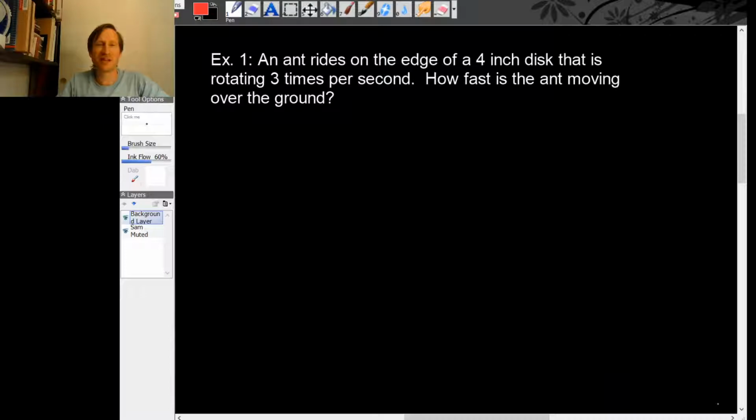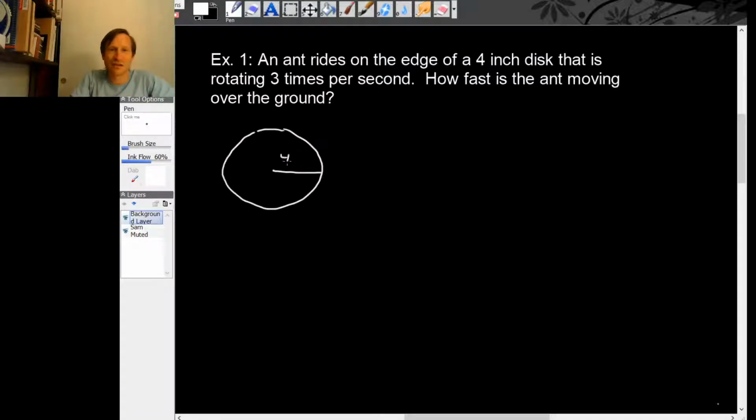For one example, let's suppose that an ant is riding on the edge of a 4-inch disc that's rotating 3 times per second. How fast is the ant moving over the ground? So I guess we're looking down from above on this disc that is 4 inches in radius.